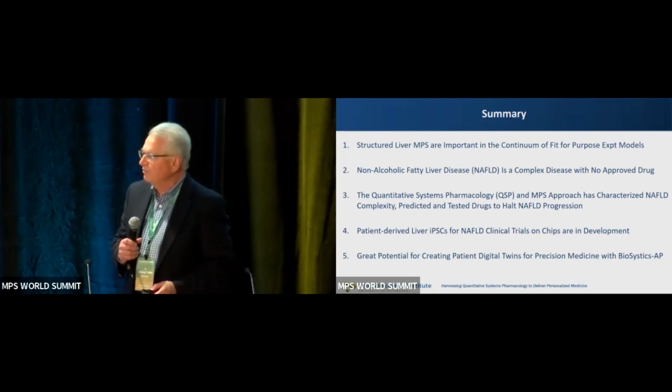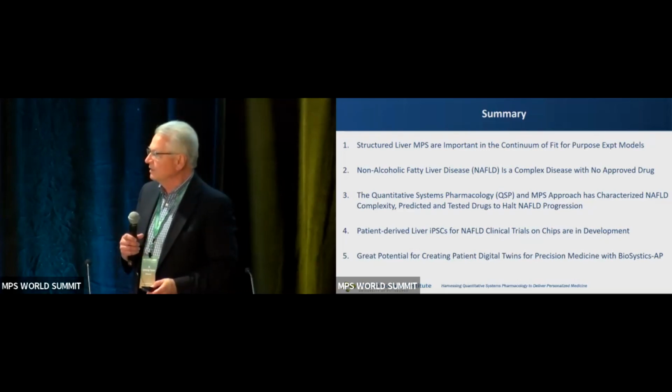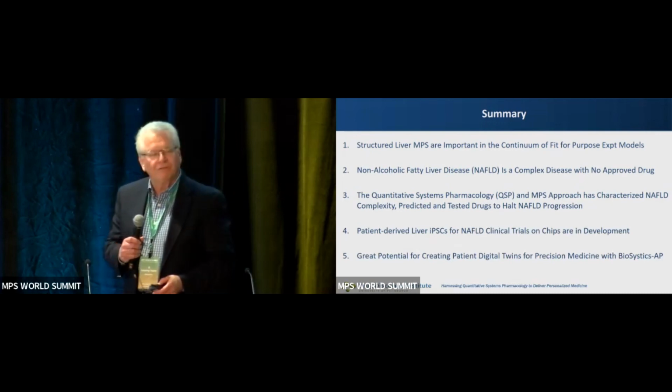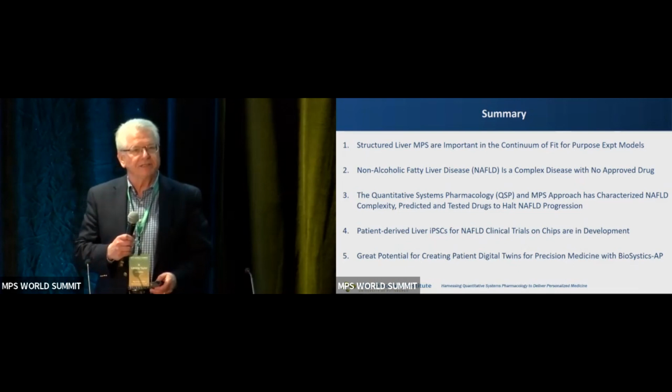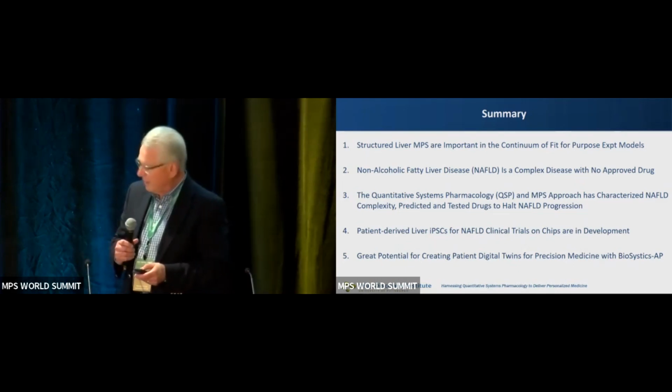And then patient-derived liver iPSCs for NAFLD clinical trials on chips are in development. And five, there's great potential for creating patient digital twins for precision medicine together with the BioSystics analytics platform.